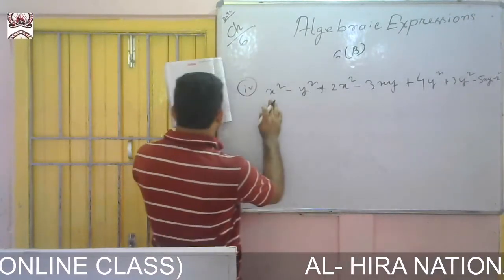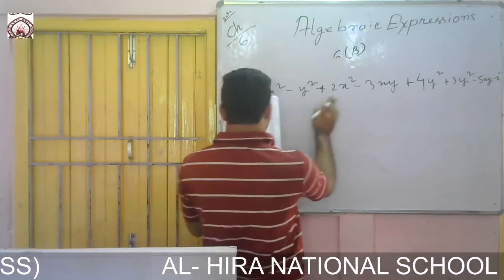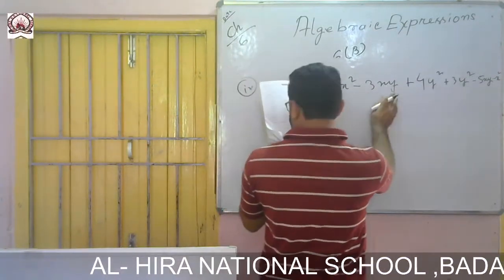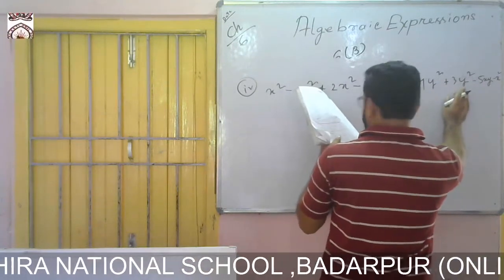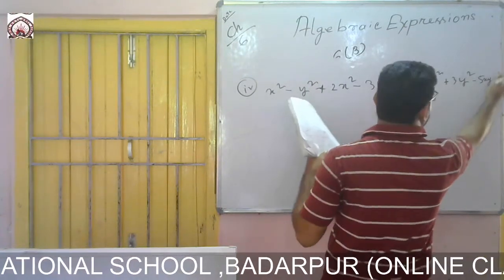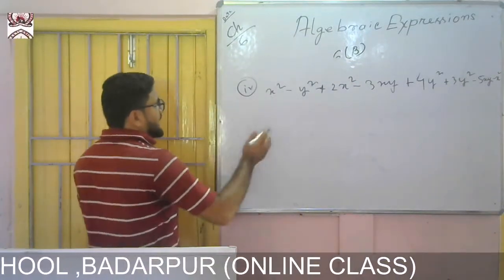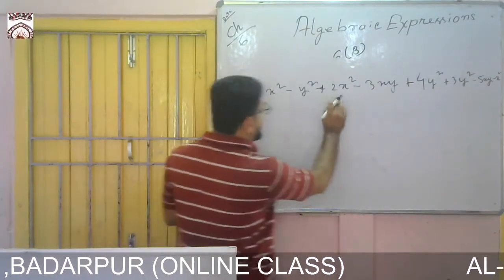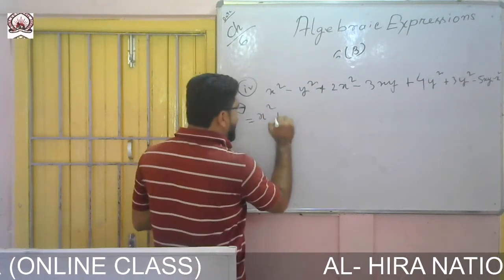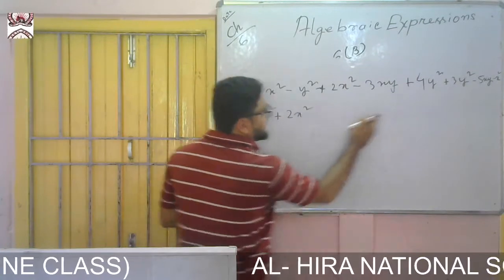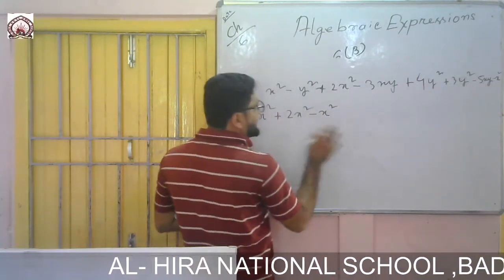So once you check, you solve it. Okay, let us check. x square, with x square how many are there? This one, x square, then plus 2x square, then is there any more x square? Yes, last, minus x square, then finished.